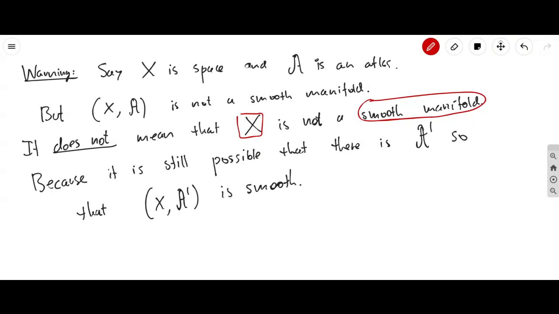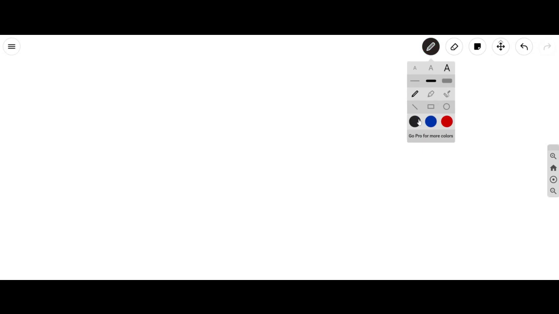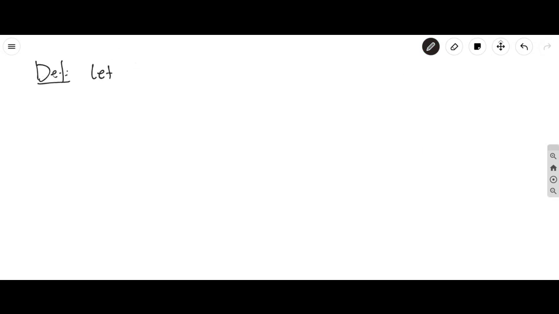Orientability is going to be the same way. When we say that a manifold is orientable, it will mean there exists a smooth atlas with a certain property. Not that if you have a particular atlas, it's going to be orientable right away. Okay, so let's make the definition. Let X be a smooth manifold.